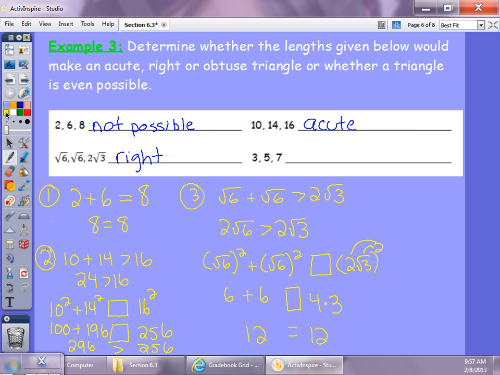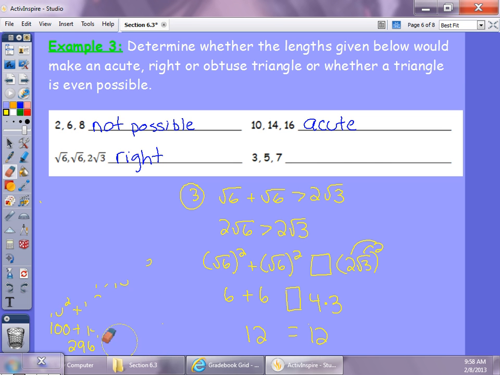Okay. And let's go ahead and take a look at our last example. Okay, so for this one, we are going to take 3 plus 5 to make sure that that is greater than 7. Okay, so we do know 8 is greater than 7, so it is going to make a triangle. So now we can test to see what type. 3 squared plus 5 squared. We're going to put our box. 7 squared.